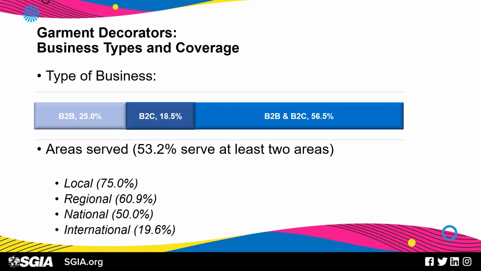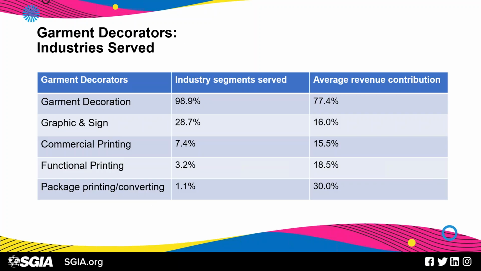And again, they cannot afford to serve only one area. 53.2% serve at least 2 of them. So they try to cover large geographical areas to make their businesses profitable. They are garment decorators.